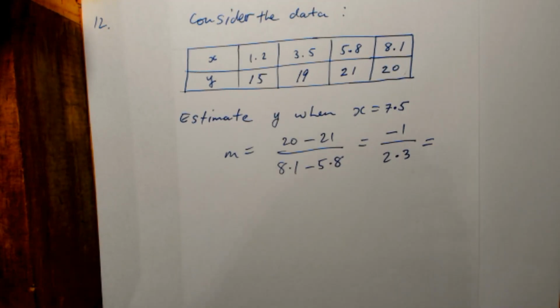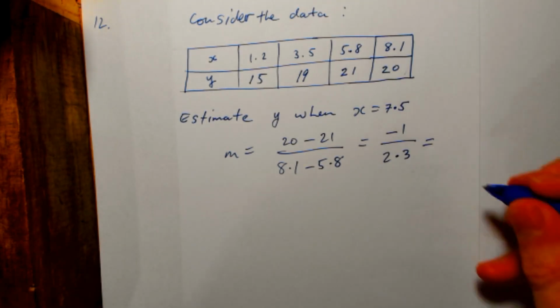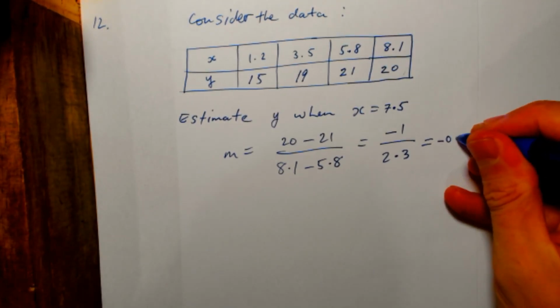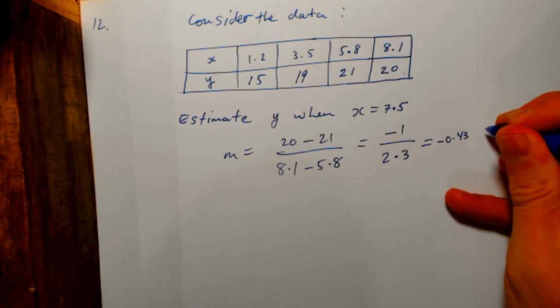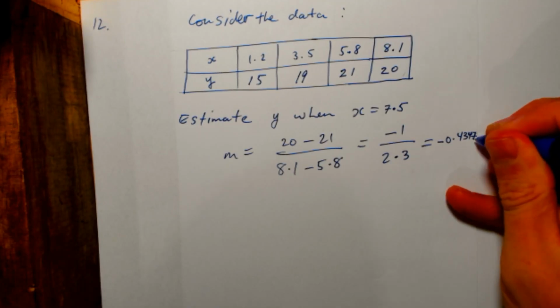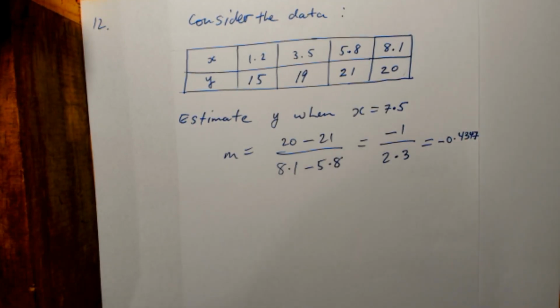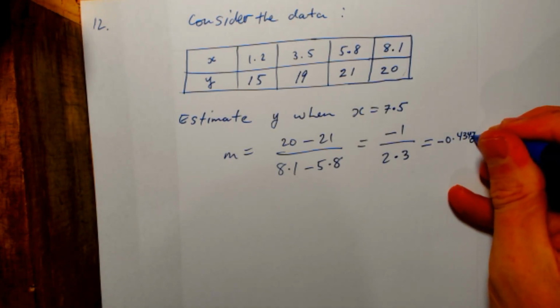So I've got a negative slope here. Let's calculate that estimate. Minus 1 divided by 2.3, so minus 0.4347, and so on. I'll just chop it off there and call it 0.4347. Actually, if I round it, it's actually 0.4348, so I'll round it.